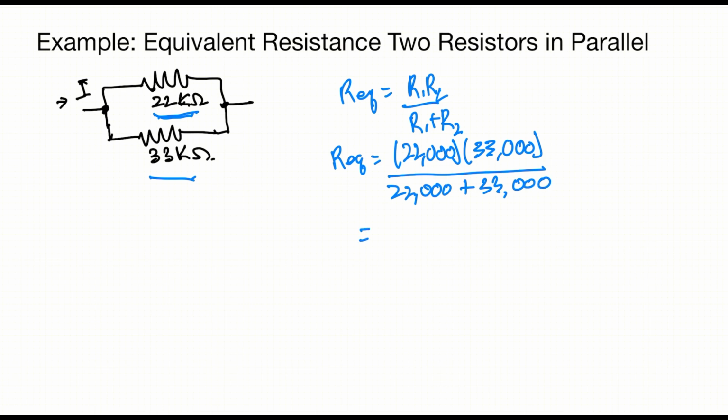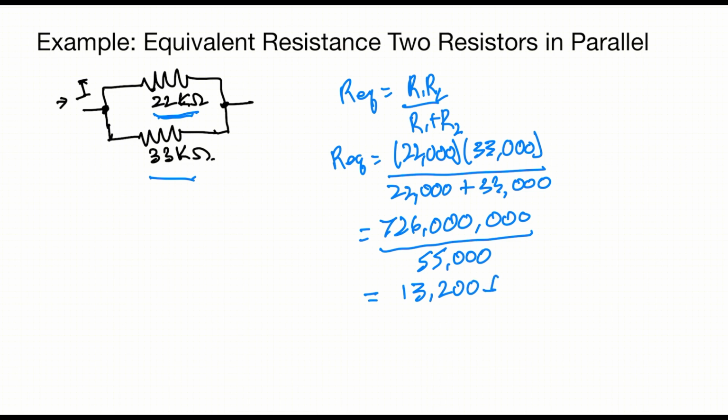Doing the math on our calculator, the numerator gives us 726 million. Then when we add 22,000 plus 33,000, we get 55,000. Doing the math on our calculator again, we get 13,200 ohms.